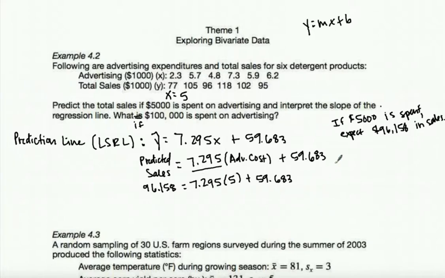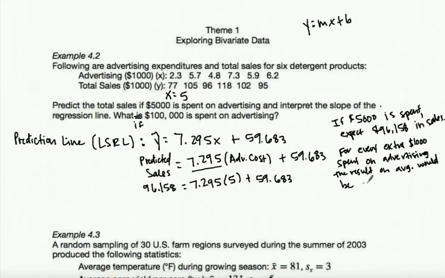So what that 7.295 means is that for every extra $1,000 spent on advertising, the result on average would be $7,295 in added sales.